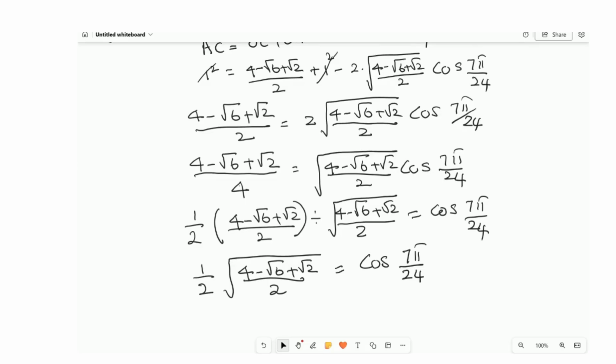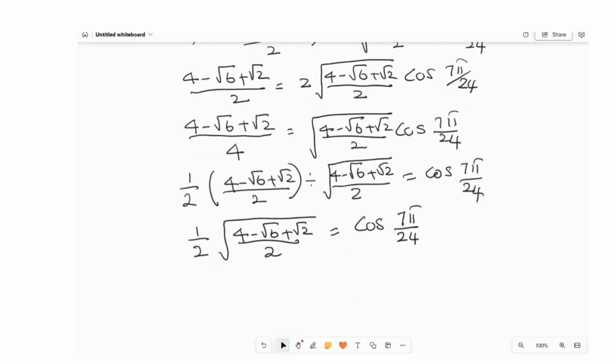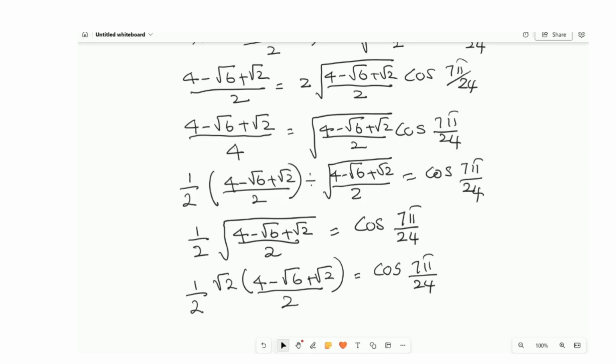So now I can rationalize the denominator. Therefore it is 1 over 2 square root of 2 times square root of 4 minus square root of 6 plus square root of 2 divided by 2. I multiply by square root of 2 on both sides, equals cos 7 pi divided by 24.